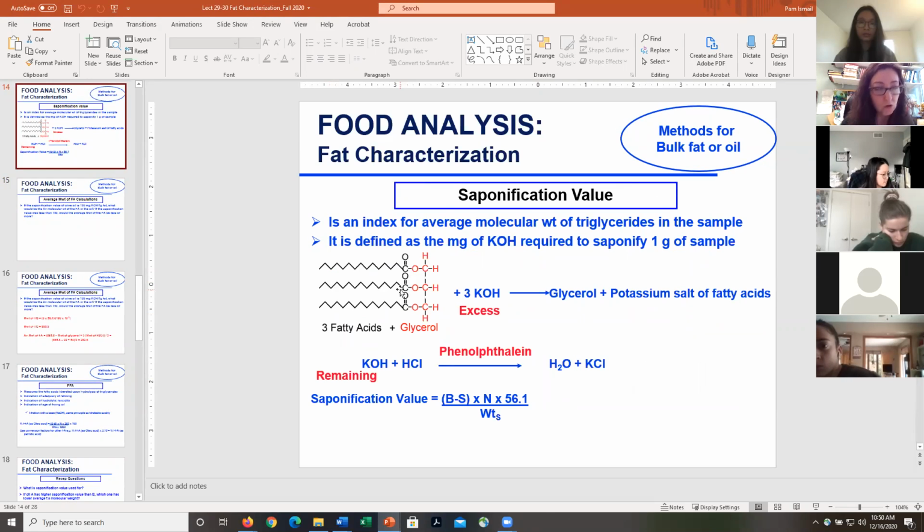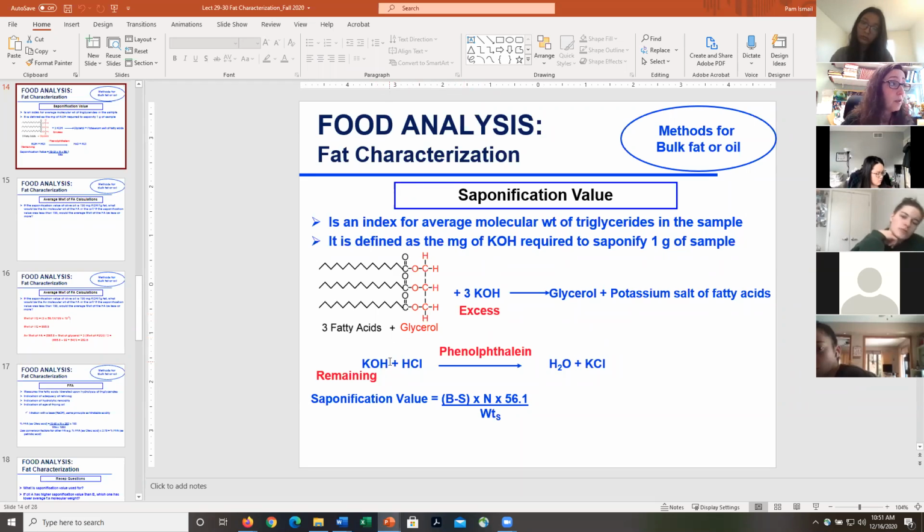Again, you don't need to remember the structure. Just 1 mole of triglyceride reacts with 3 moles of KOH. And you want to solve for the triglyceride molecular weight. So 1 mole of triglyceride, what would be the molecular weight of 1 mole of triglyceride? That reacts with 3 moles. So that means 3 times 56 grams per mole, okay?